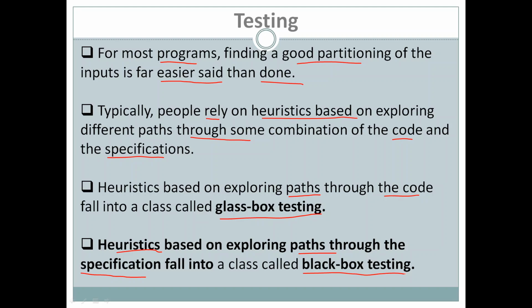Now in case of black box testing, the actual code is not tested, but the specifications of the program are tested. So the heuristics based on code and specification give us two testing techniques: one is glass box testing and another is black box testing.